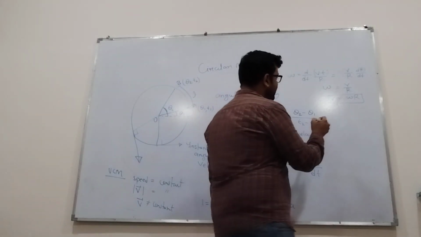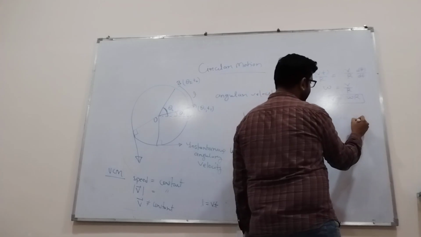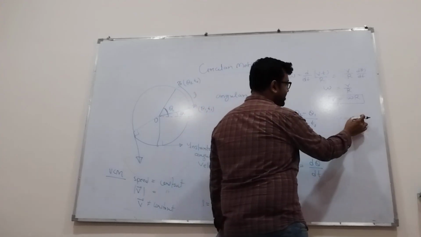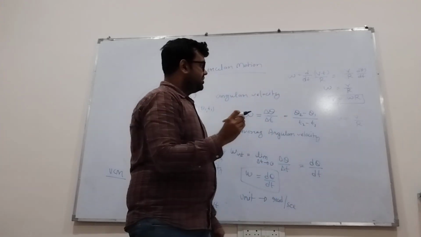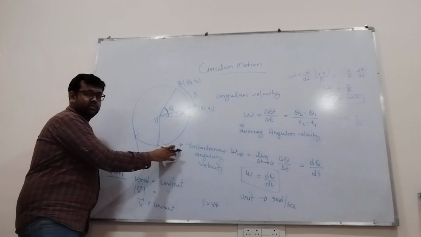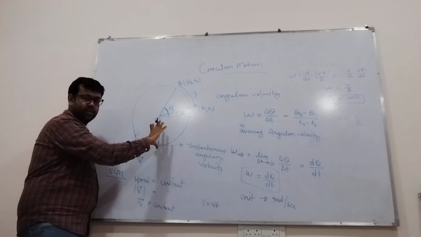So when we write this formula, omega is equal to v upon r, this velocity, what we will take is the perpendicular velocity, the velocity that is perpendicular to the r.